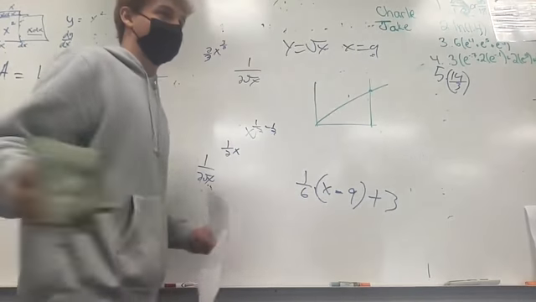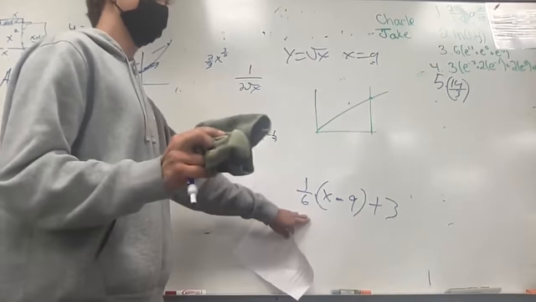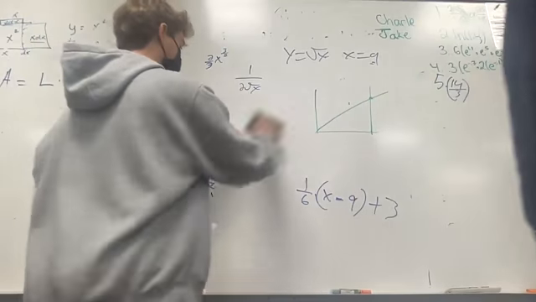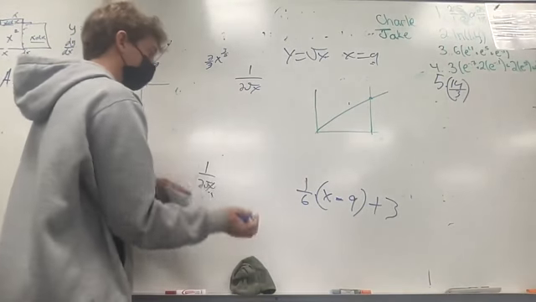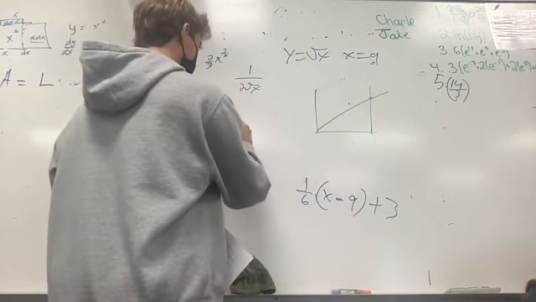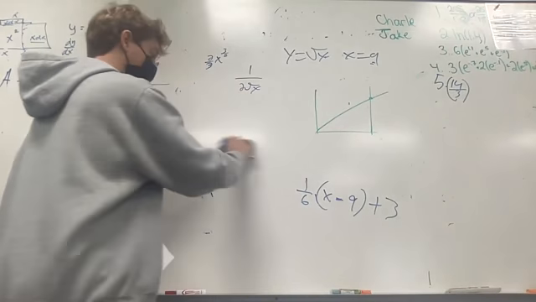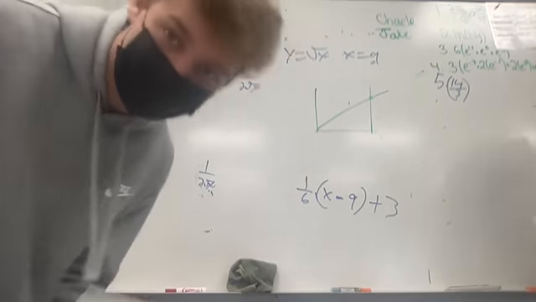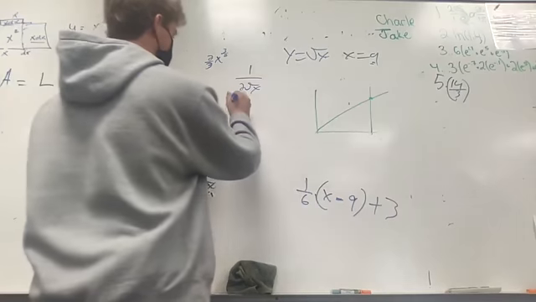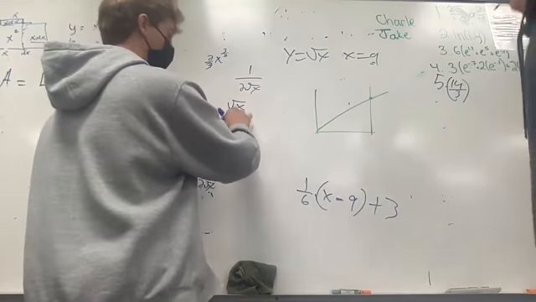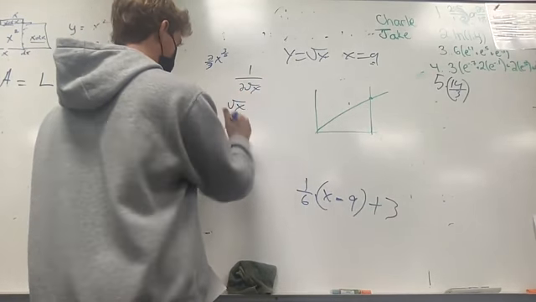All right, ready? I'm messing up a tiny bit. The answer is right, but I explained how to get this wrong. So I'm going over the derivative of the square root of x. So you start here, right? It turns into this.